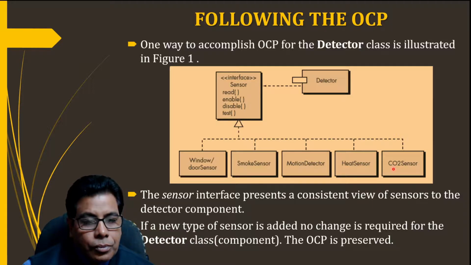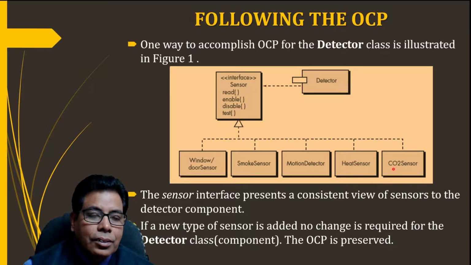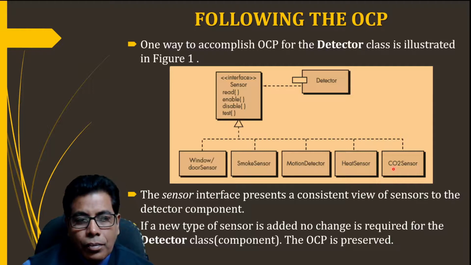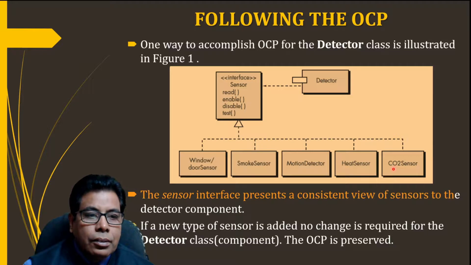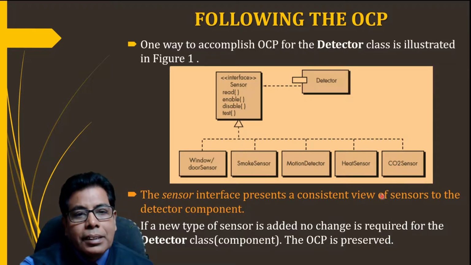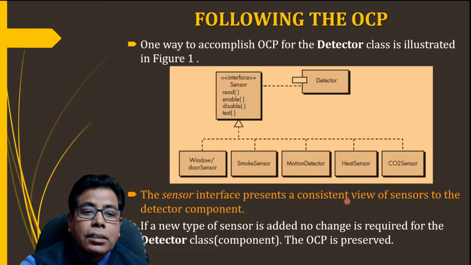Now if we are adding a sensor, then the sensor interface, here you can see, presents a consistent view to the detector component. So this is the detector component, and it is presenting this view for each of these sensors.